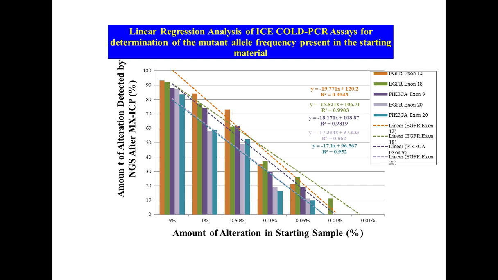But for a given mutation, like for example a T790, you can very easily relate the obtained final mutation enrichment to the original alteration. So it's quantitative only if you consider one mutation at a time.